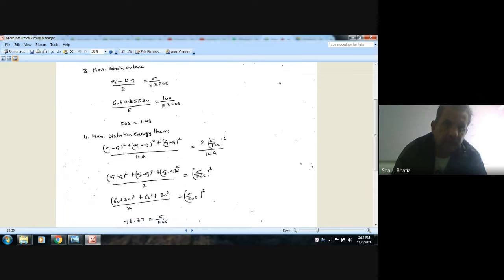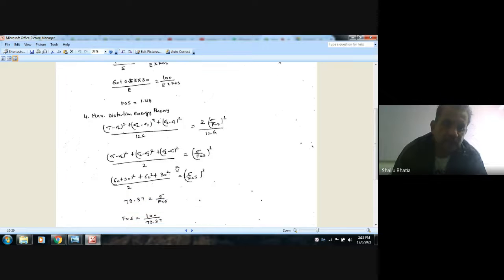Next, maximum distortion energy theory. To calculate the distortion energy, for the working stress we have to divide sigma by FOS and then find out the distortion energy. Then it will be (sigma/FOS) squared by 12G. This is the formula for the shear strain energy.